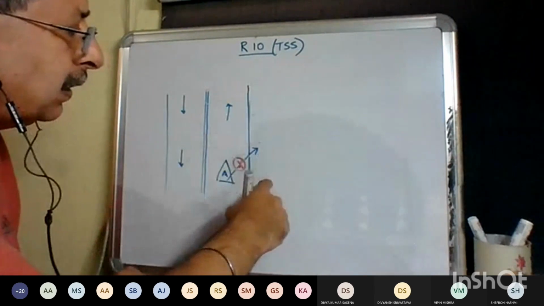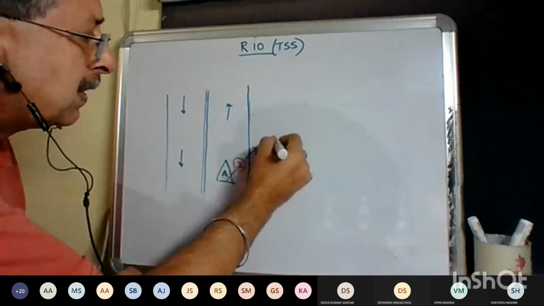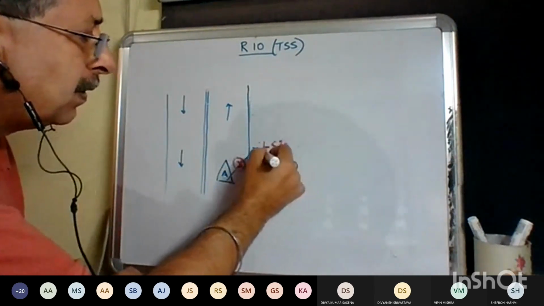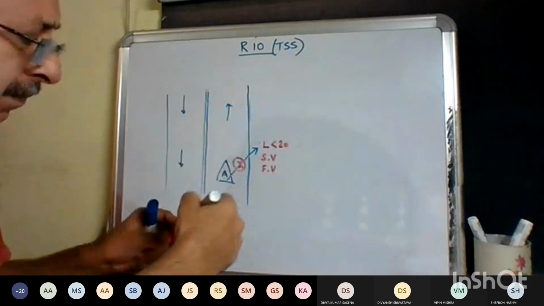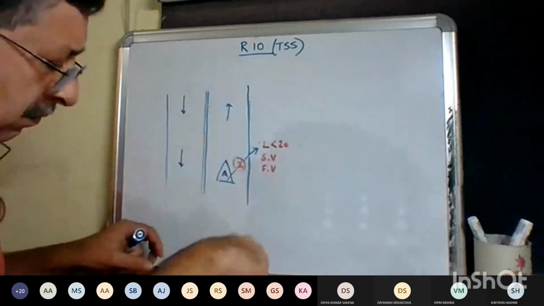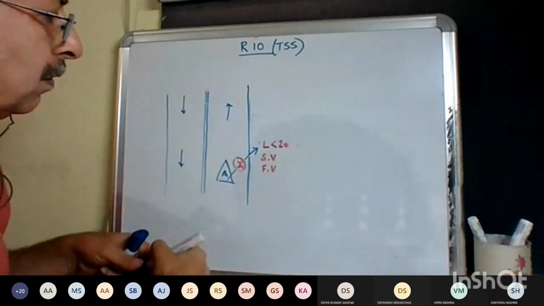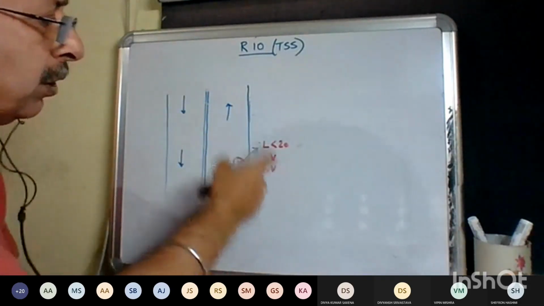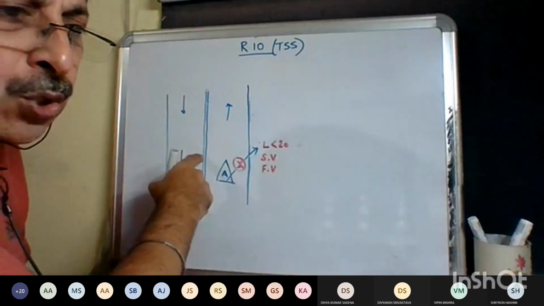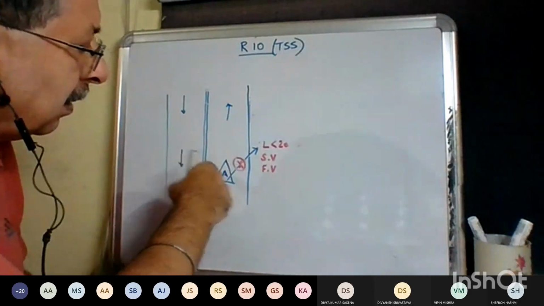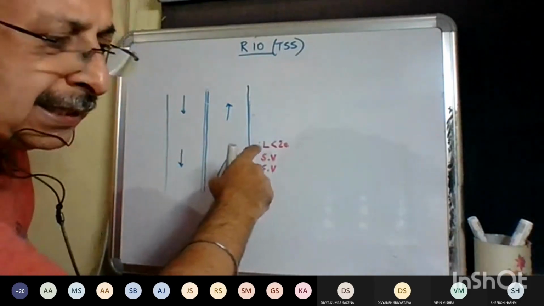Because this area is meant for vessels less than 20 meters in length, sailing vessels, and fishing vessels. It's meant for them. So I can't go here. Similarly, I can't go into the traffic separation zone, TSZ. So basically, I can't cross the TSL.